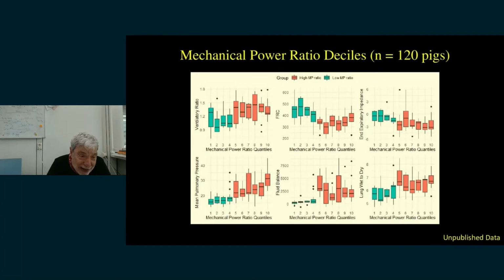And you see that these are under 20 pigs with a lot of different conditions, but different mechanical power. We divide the mechanical power in 10 deciles. And you see that when the mechanical power ratio was 3-4 times greater than normal, we have ventilatory ratio, FRC, and expiratory impedance, lung weight, dry to wet ratio, fluid balance, mean pulmonary artery pressure.